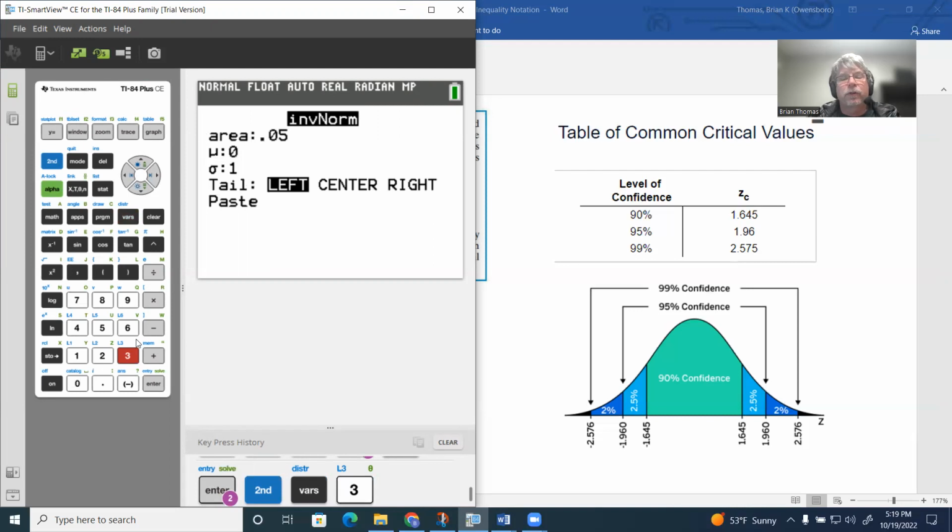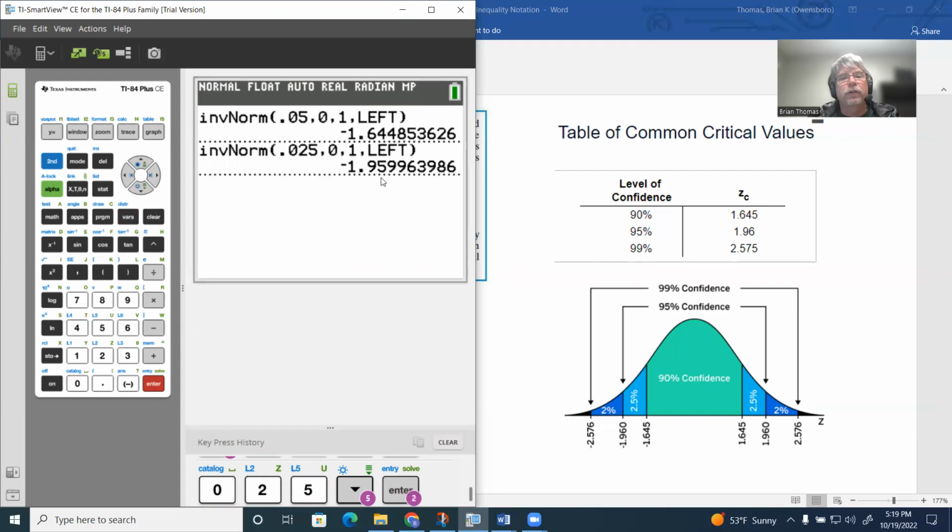But if it says 95%, we have 5% left over split between the two sides, so 2.5%, or in other words, 0.025 would be that value. Then if we move on down to paste, notice how we get negative 1.96 at 95% confidence. So these Z-scores, if you just jot them down, are going to be used quite a bit. We don't have to go back and do this inverse norm each time for these confidences. We can just take advantage of that.